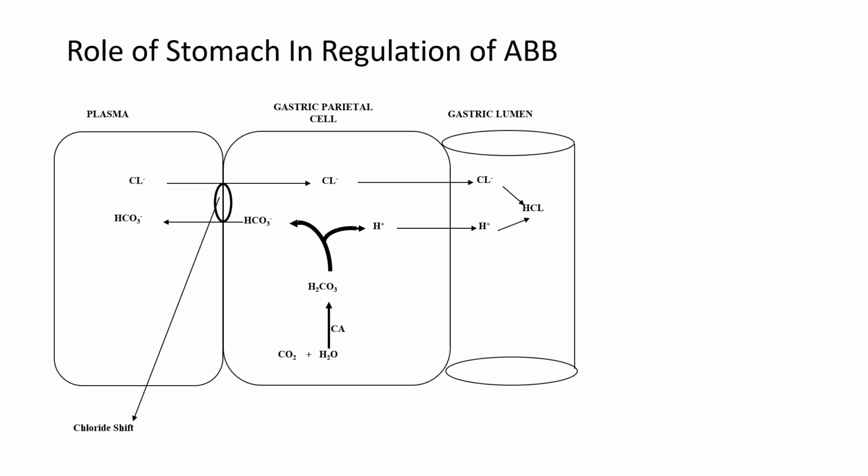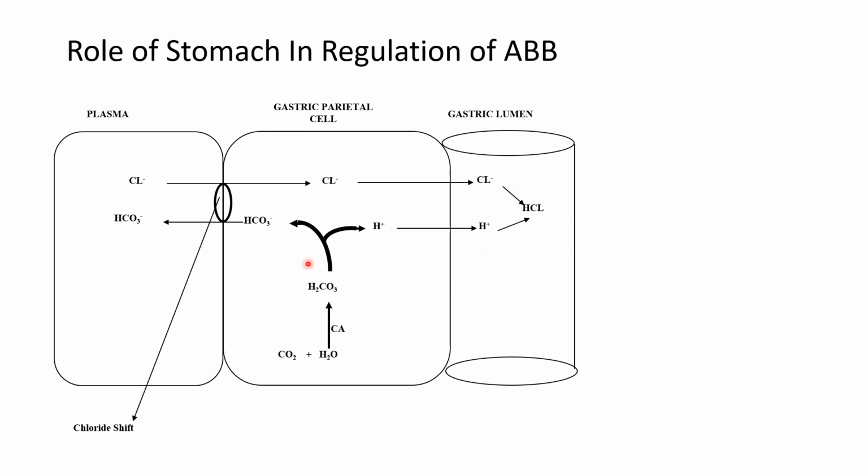In the gastric parietal cells, carbon dioxide from cellular respiration diffuses and dissolves in water in the presence of carbonic anhydrase to form carbonic acid, which dissociates into a hydrogen ion and a bicarbonate ion. The hydrogen ion formed diffuses into the gastric lumen, where it combines with a chloride ion coming directly from the plasma to form hydrochloric acid.